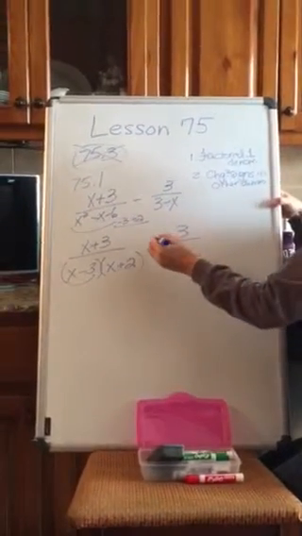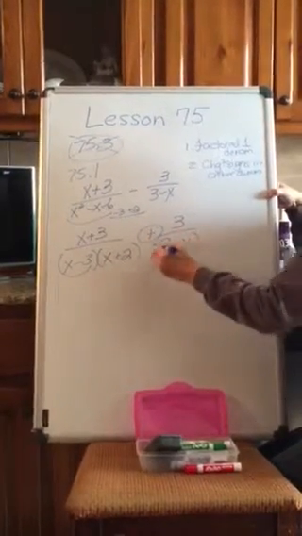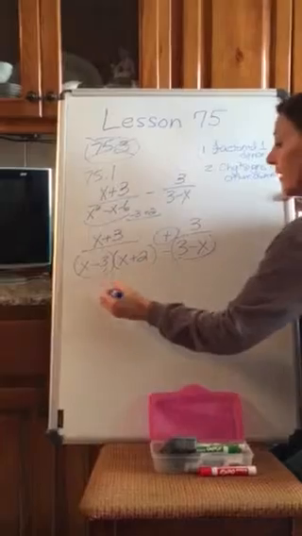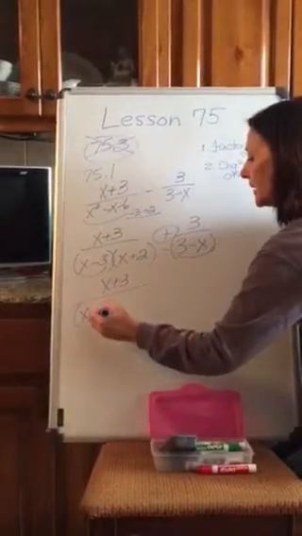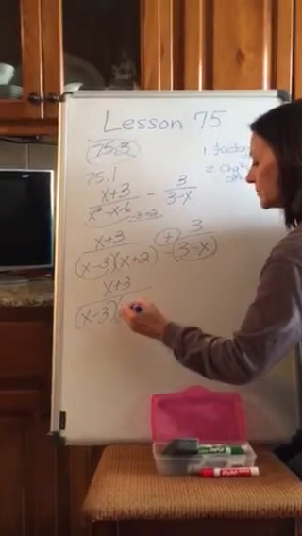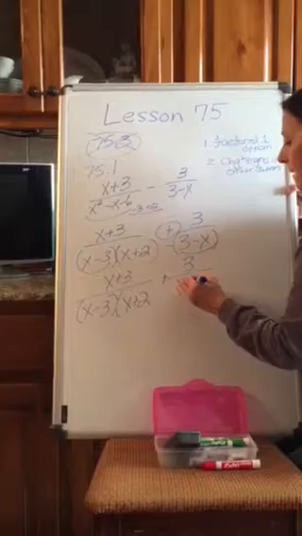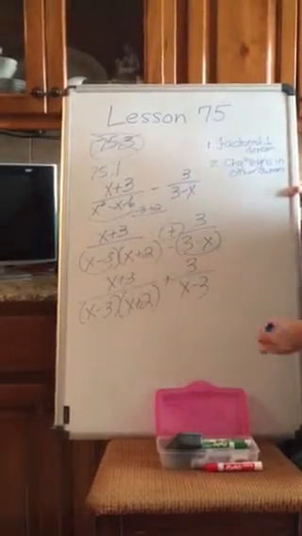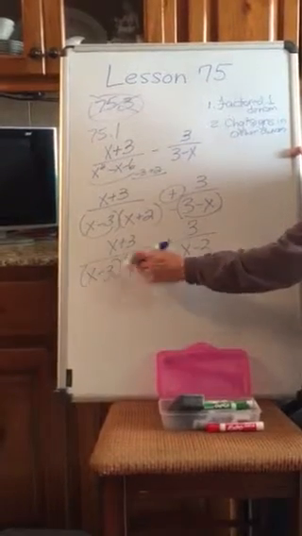Remember, I like this one. I'm always going to change that one, and I'm going to change this one. Okay, so now I have x plus 3 over x minus 3 times x plus 2, plus 3 over x minus 3. Now, all I have to do in my second term is multiply by this binomial.